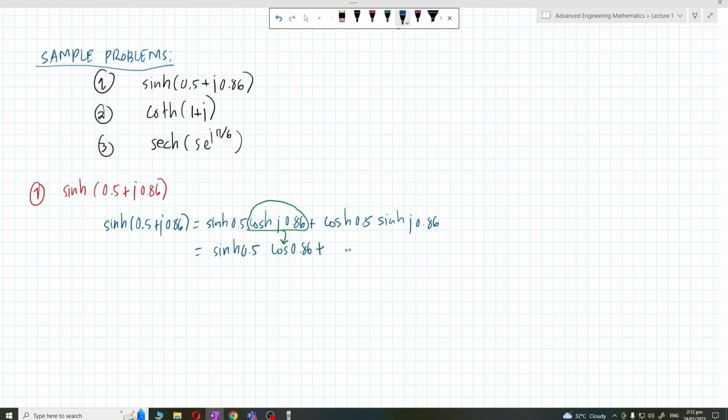Plus copy yung cosine hyperbolic of 0.5 and this sine hyperbolic of j0.86 is the same as j sine of 0.86. Okay ba? If you know how to convert na, pwede mo nang isulat yung j dito sa tabi ng cosine. Sanayan lang yan guys. Pwede mo nang i-calculator yan.